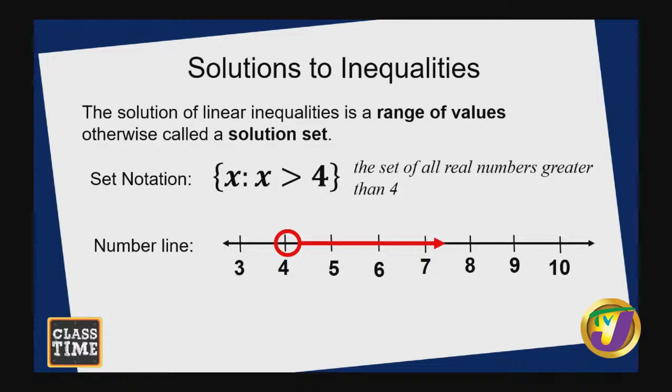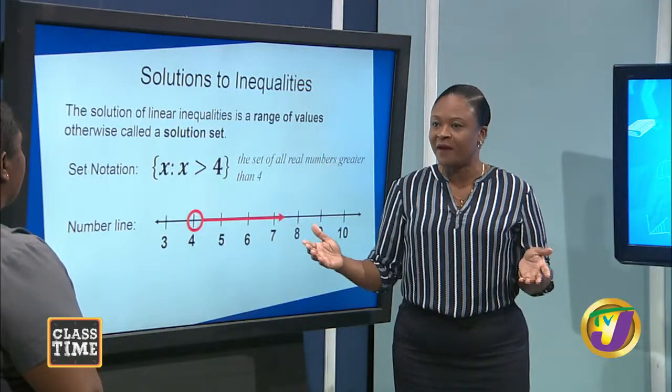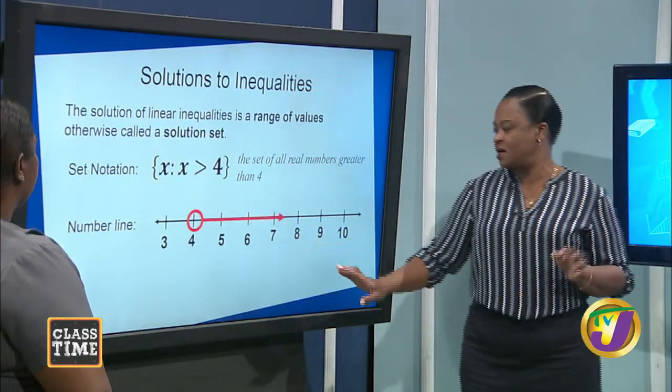We are thinking about all those values that are to the right of 4. This is how we represent our solution on a number line. So just to recap, we can represent it in set notation, and we can use the number line to assist us in identifying, clarifying or understanding.